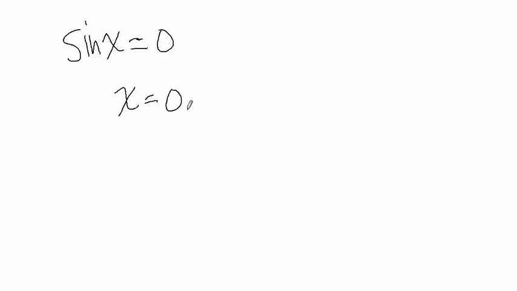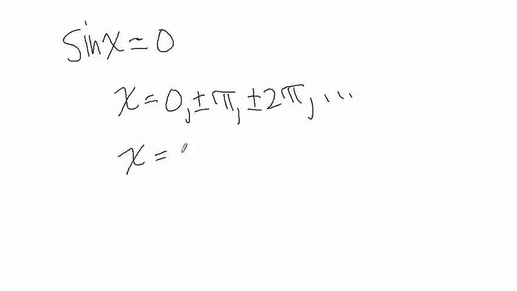So 0 radians plus or minus pi radians plus or minus 2 pi radians and so forth. All right. One way to compactly describe the solution set is the following. X is equal to n pi, where n is equal to some integer.